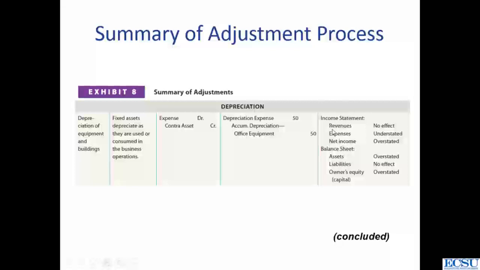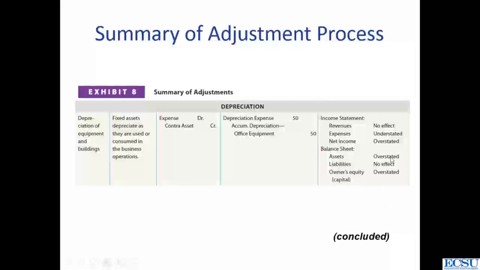financial statements, income statement, the revenue will not be affected because this journal does not involve any revenue. Expenses would be understated because we won't be debiting depreciation expense if you don't do this journal, and therefore the net income will be overstated because if you don't charge the expense, of course, you will be showing a higher amount of income.